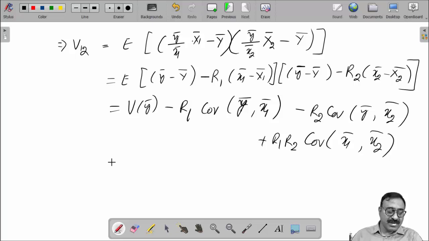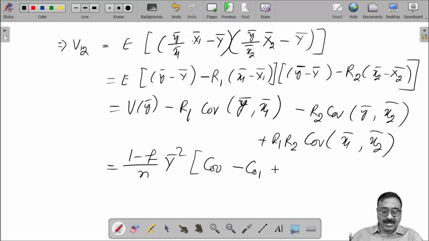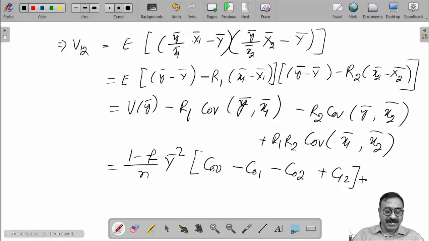So this will be equal to (1 minus f) by n into Y bar square (C00 minus C01 minus C02 plus C12), just like proceeding as before. We can get, now we have obtained the value of V11, V22 and V12.